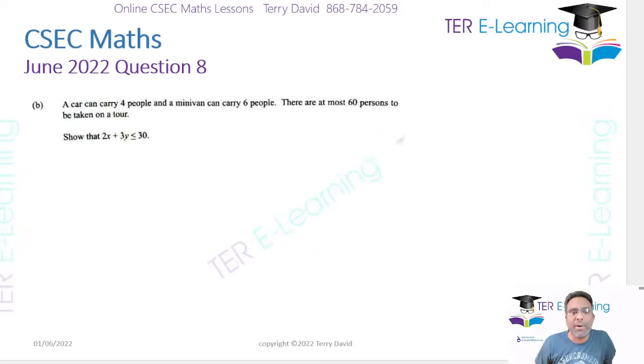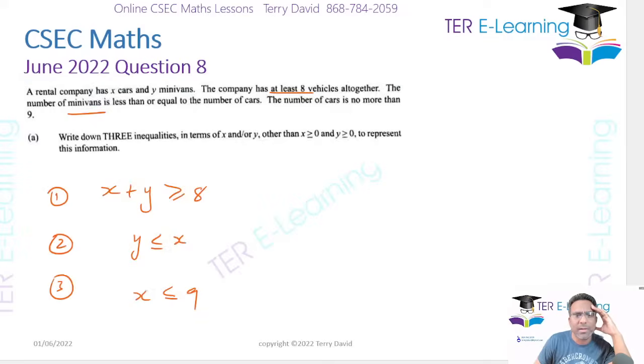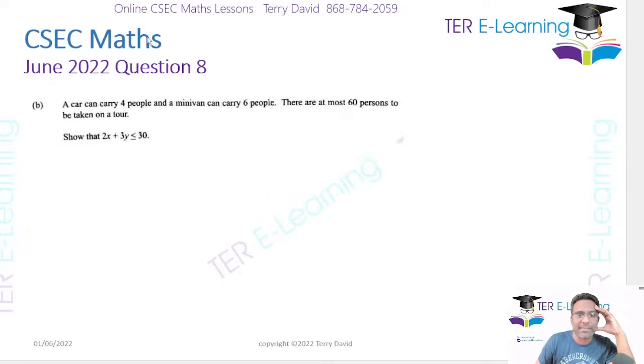Right, now a car can carry 4 people and a minivan can carry 6 people. There are at most 60 persons to take on a tour. So let's make sure we know which variable is which. The car is X and the minivan is Y. And there are at most 60 people.